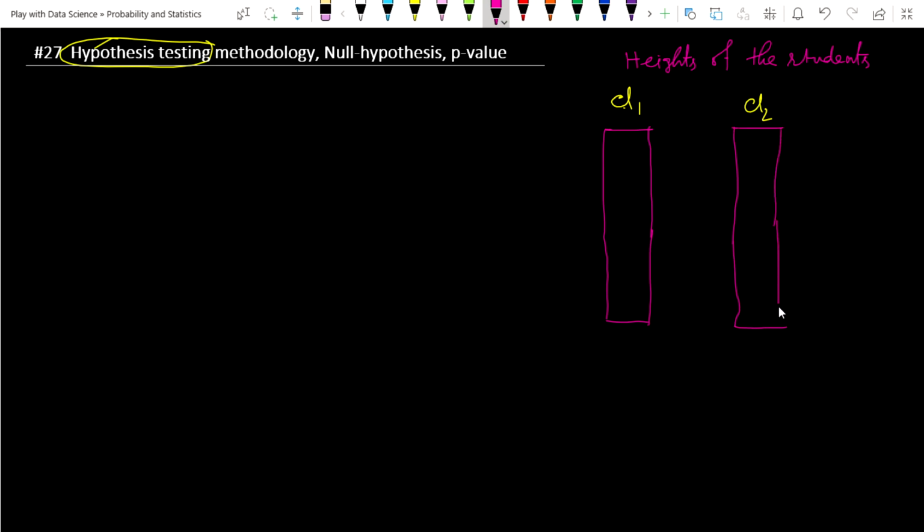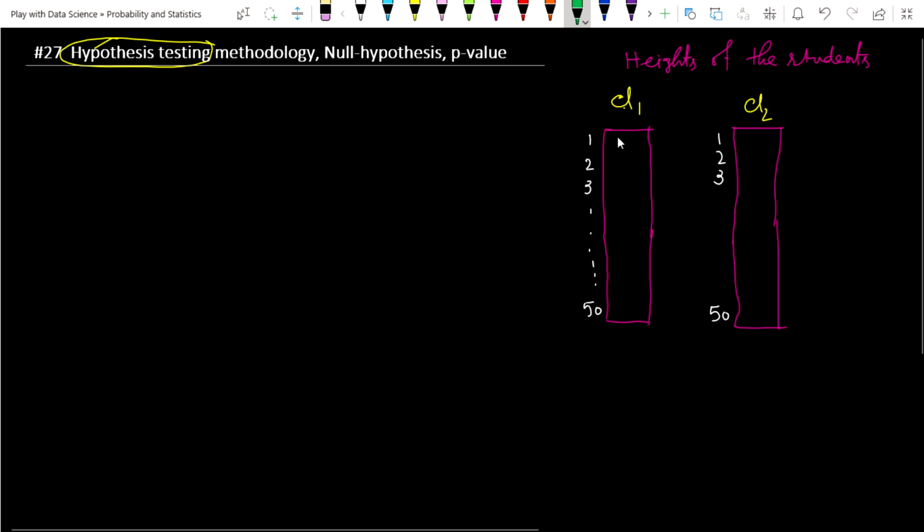That's the data we have. So we have collected 50 students, 1, 2, 3 up to 50, and similarly 50 for the other class. These are the two different classes, and from each class we have randomly selected 50 students and calculated their height.